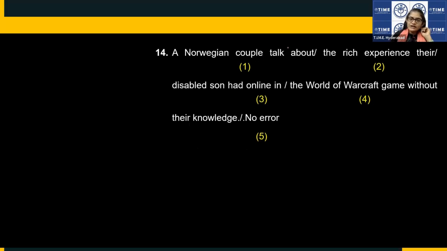So a Norwegian couple talks about, couple is considered, yes, there are 2, but couple, pair, etc., they are all considered collective nouns. They are singular. So subject verb agreement, talks about. Okay. So the error is in part 1. Fine.